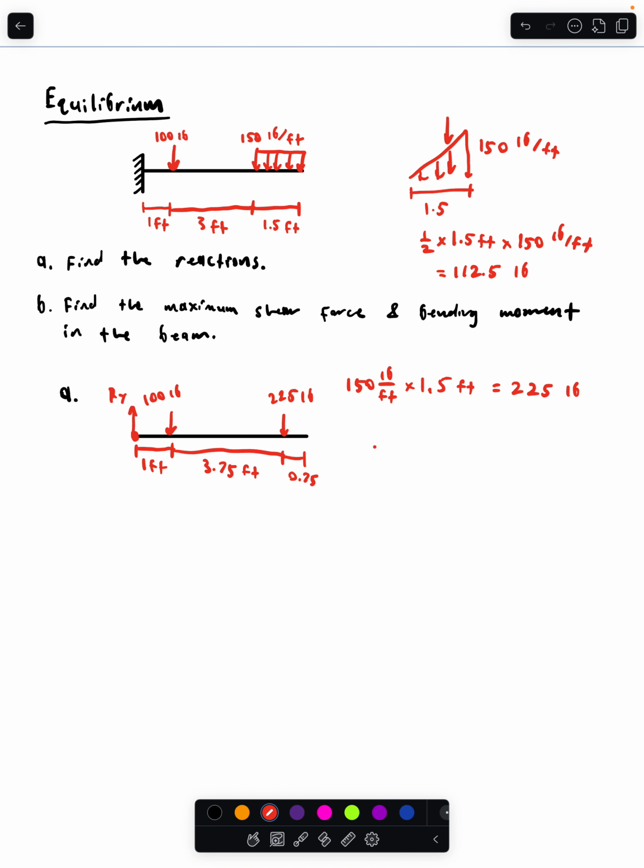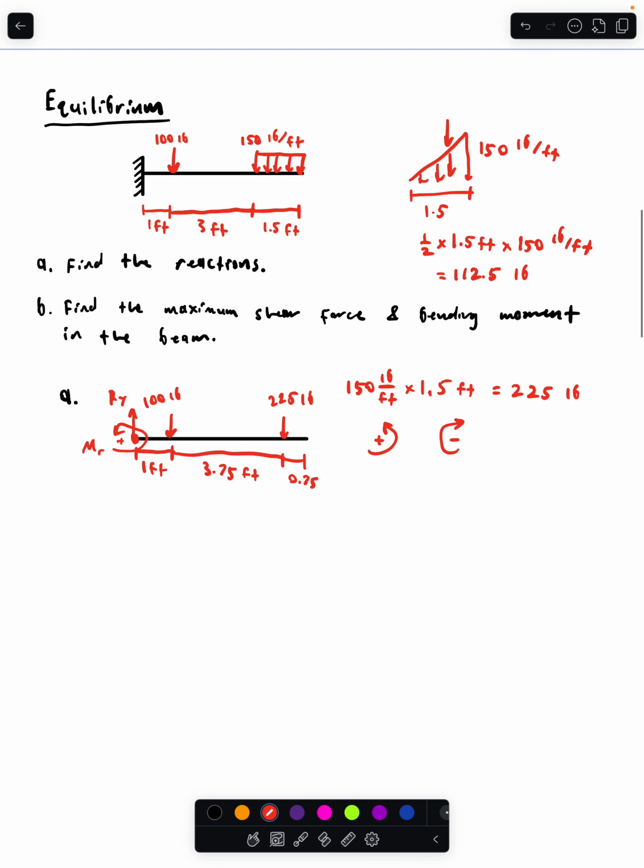Now, if you remember, a positive moment is counterclockwise, and a negative moment is clockwise. These two forces together are going to be rotating us clockwise, which is negative, and so our reaction moment is going to be positive. Call it M sub R.